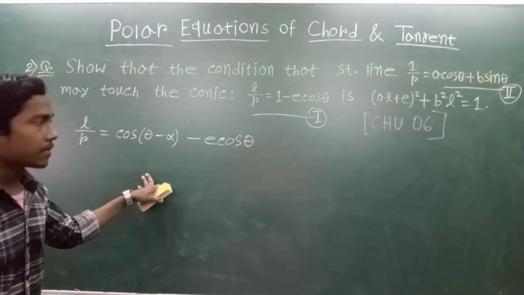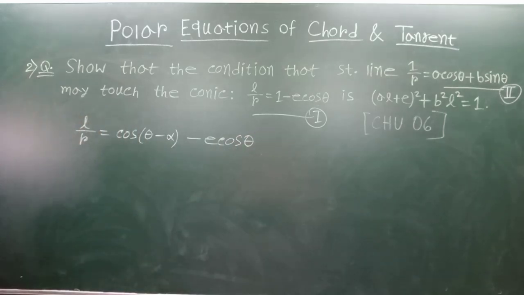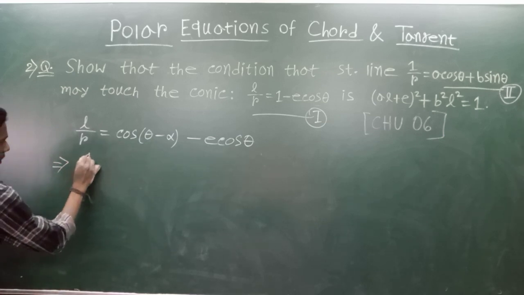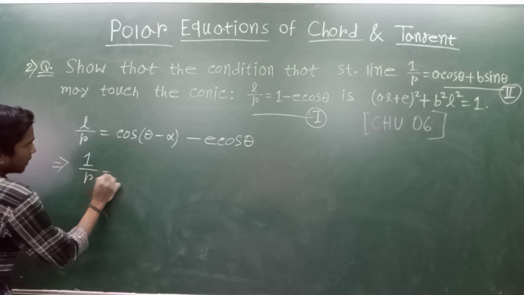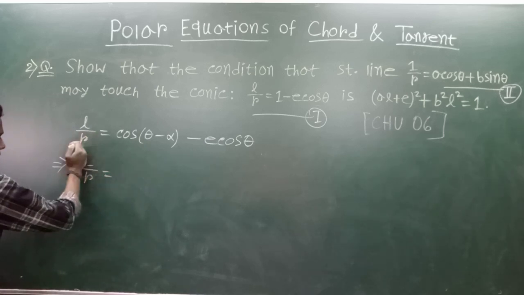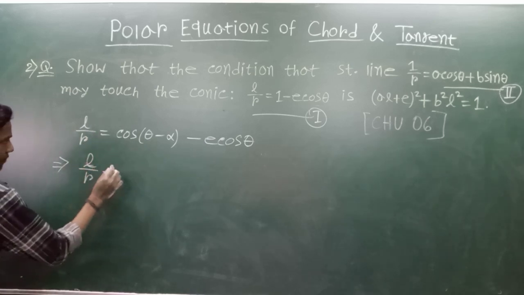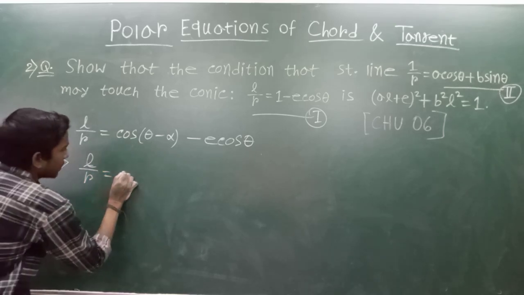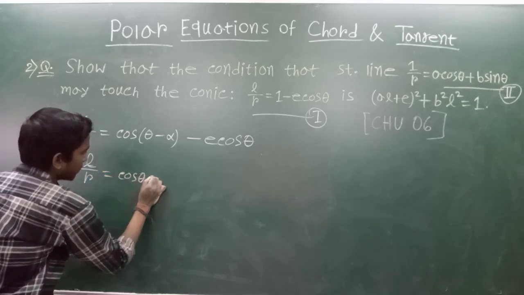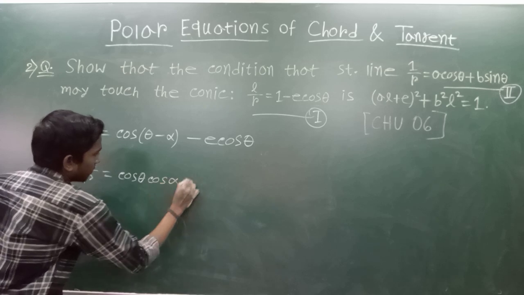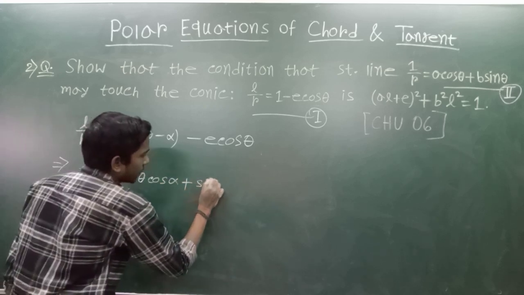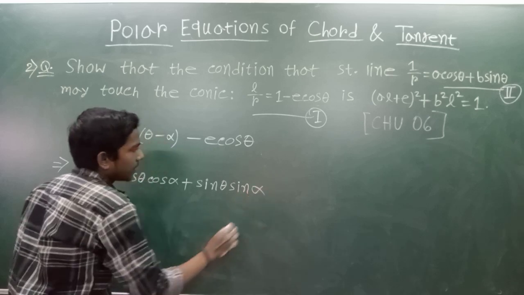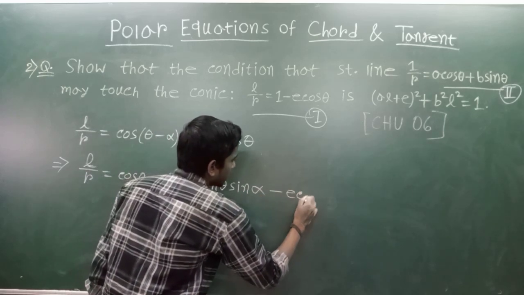Now we will reduce this to its general form, meaning the general form of the equation of a straight line. So we get L by R is equal to, if we expand cos theta minus alpha, we get cos theta cos alpha plus sin theta sin alpha minus E cos theta.